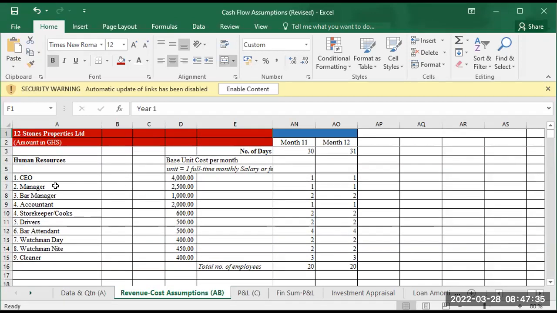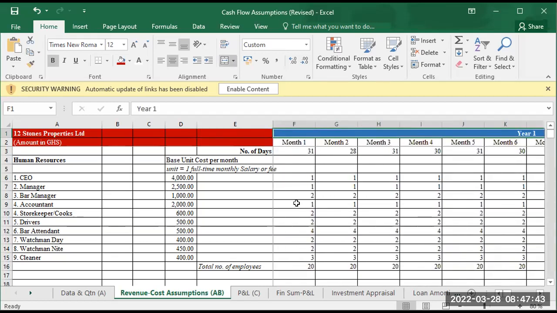See, we have CEO 4,000, manager 2,005, and so on. But we're doing this for 3 years, right? So this is for year 1. Year 1 begins from the first month, say January, February, March, April, May, June, up till December.